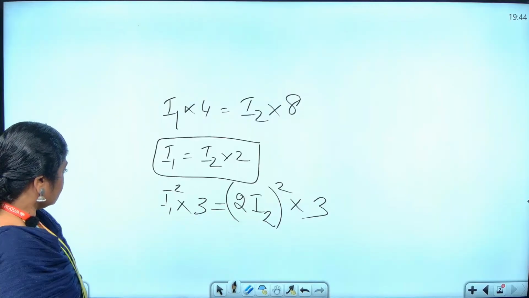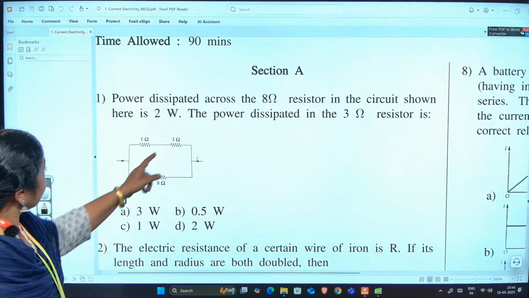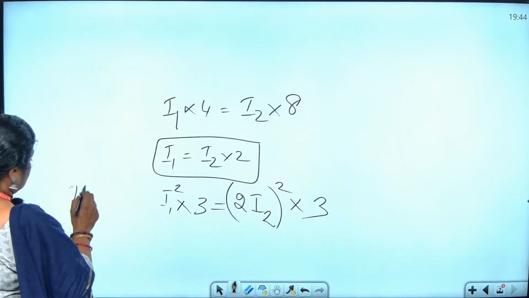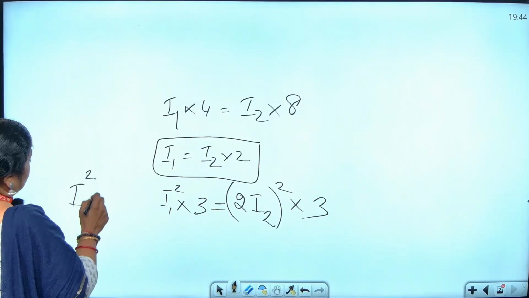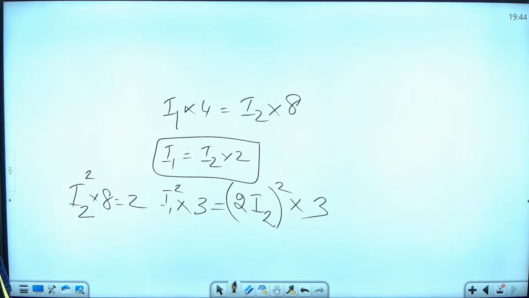Now the power across 8 ohms they have given as 2 watts. So power I square into 8 is equal to 2. So what will be I2 square? 1 by 4. What is I2 square from this equation?